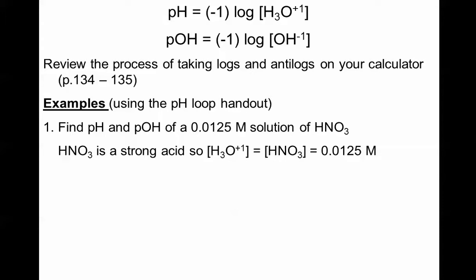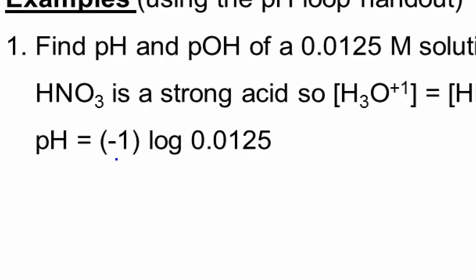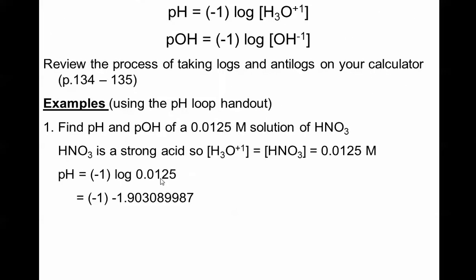If it wasn't like that, we'd have to do some Keq work to figure out the actual concentration of the acid. But that was easy enough because it's a strong acid. It's pretty straightforward. And again, we're going to use the equation from the top there. pH is negative log of that. You type that into your calculator and you get this.